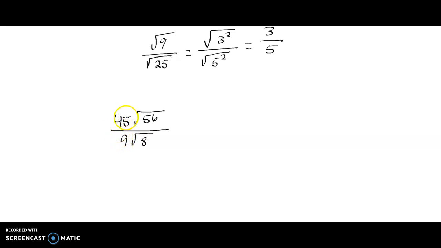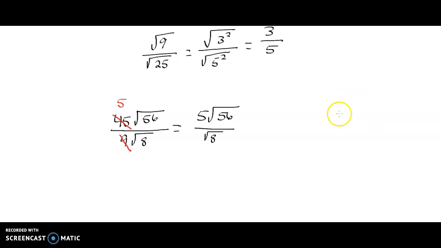We can divide 9 evenly into 45 5 times, so we can rewrite this as 5 the square root of 56 over the square root of 8, because we have canceled out this 9 and this 45 became 5. The next thing we want to do is see, is there a way to get a square root of 8 out of the square root of 56 to be able to simplify it?